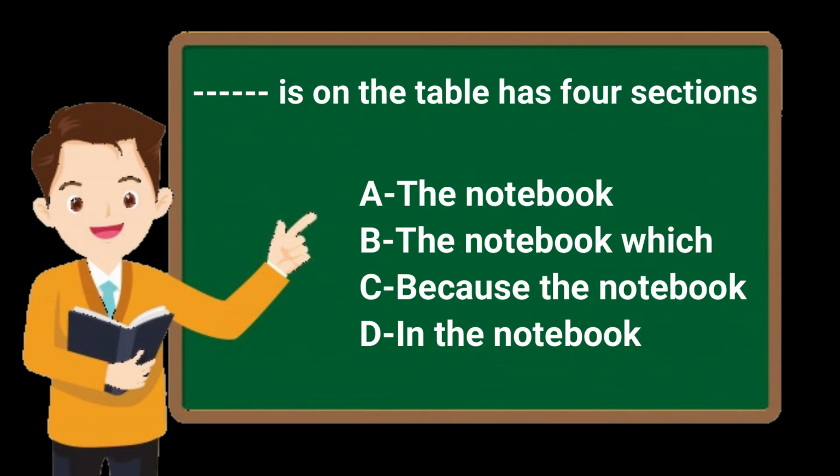In this example, you should notice immediately that the sentence has two verbs, is and has, and each of them needs a subject. You know that table is not a subject because it follows the preposition on. Table is the object of the preposition. The only answer that has two subjects is answer B. So answer B is the correct answer.